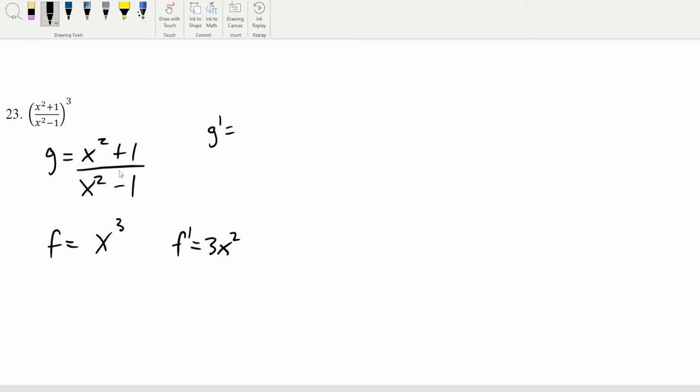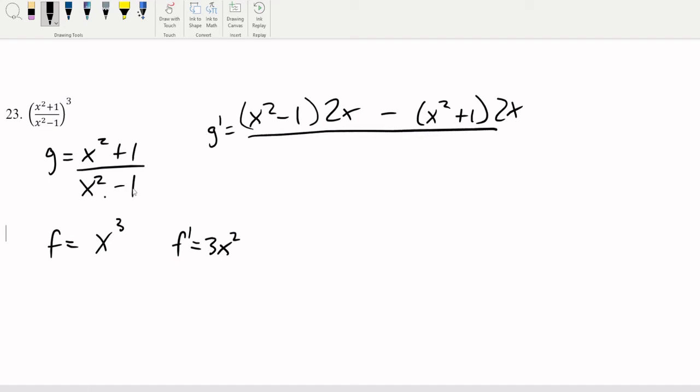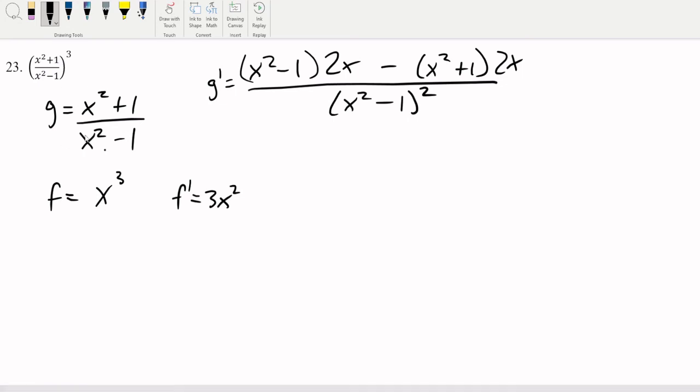Okay, so low d high minus high d low over low squared. Boom. You've got to just use your rules. So then how does this work? Well, remember, this is overall a chain rule we have to do.